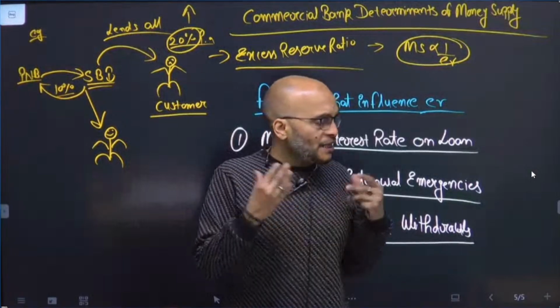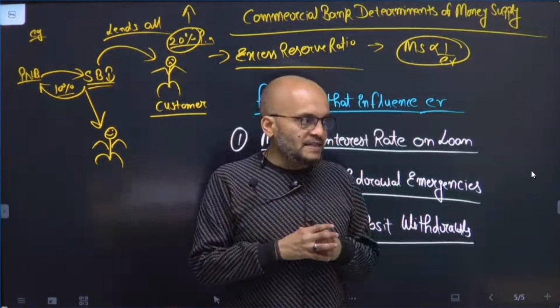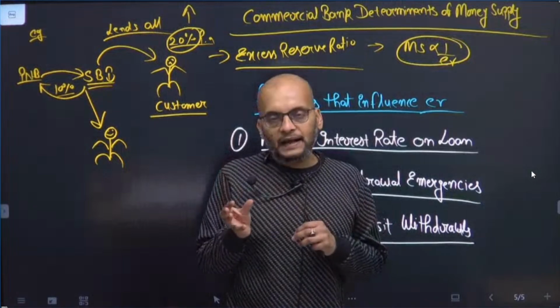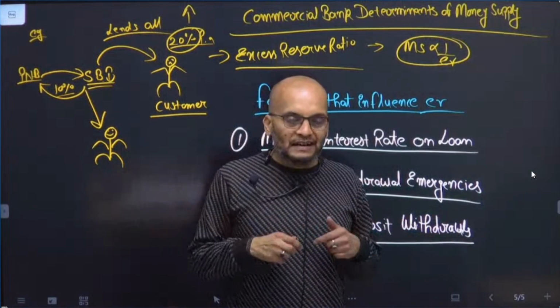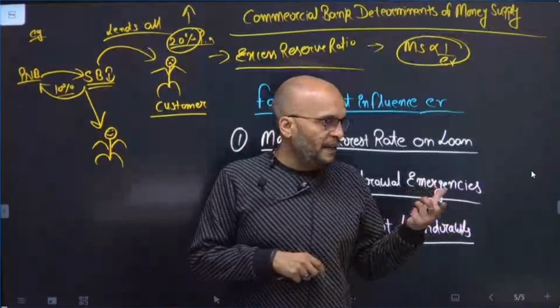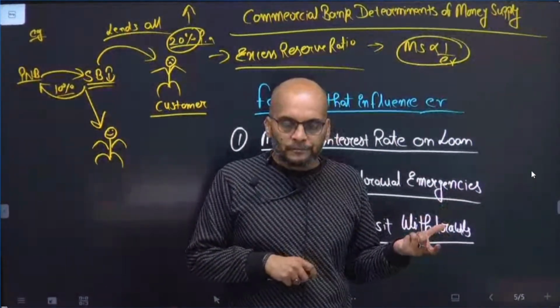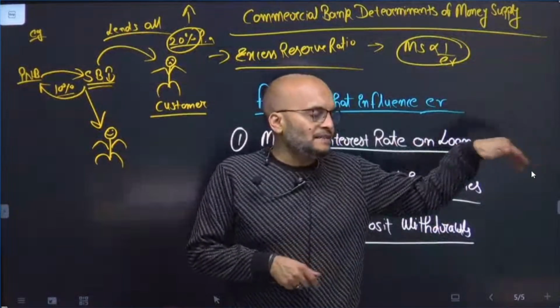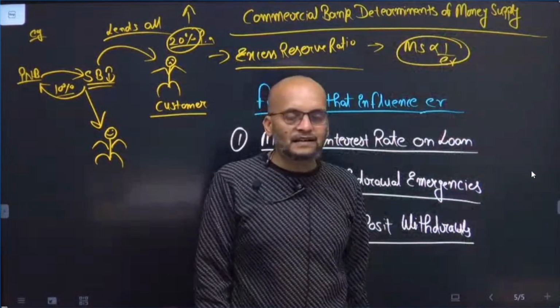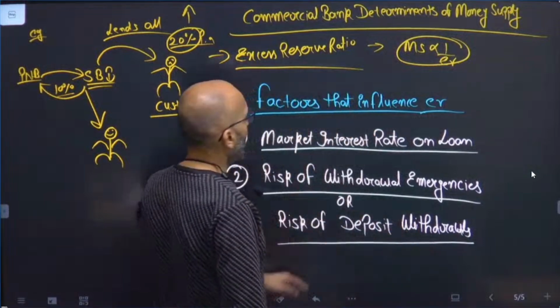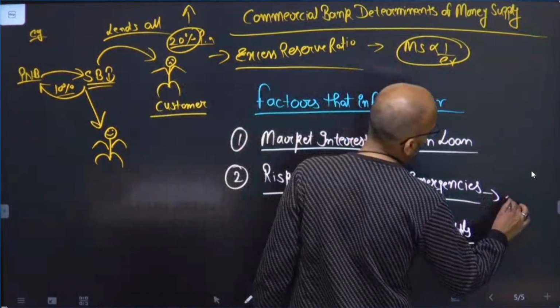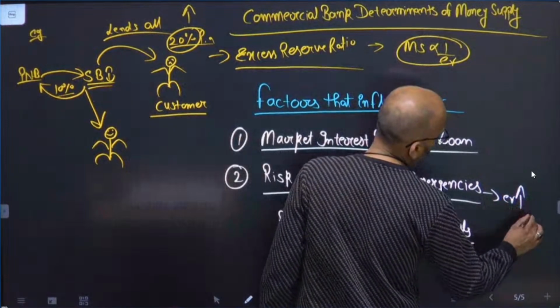And when such an emergency arises, obviously the commercial bank is also part of the society. Bankers are also living in the society. They are also aware of this fact. Yes or no? So they will keep excess reserve. They will increase the excess reserve ratio. Understood or not? And if they increase the excess reserve ratio, what will happen?